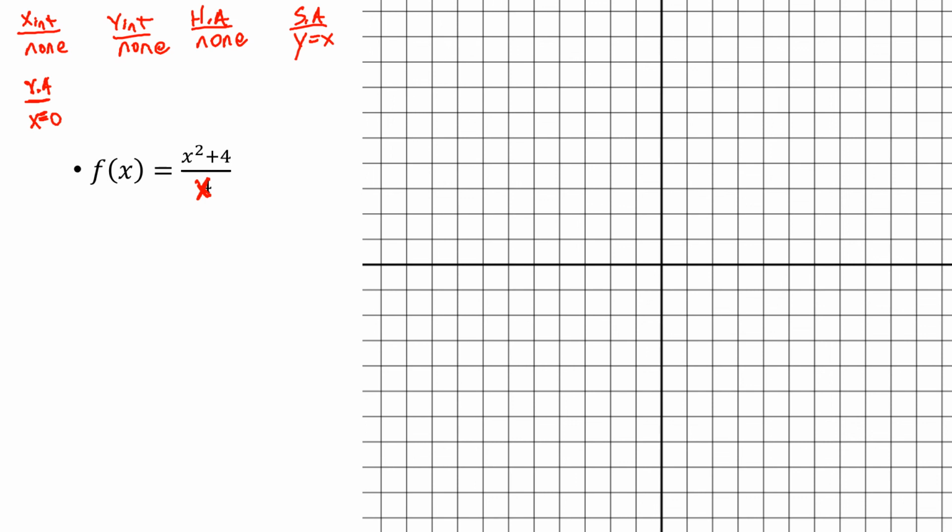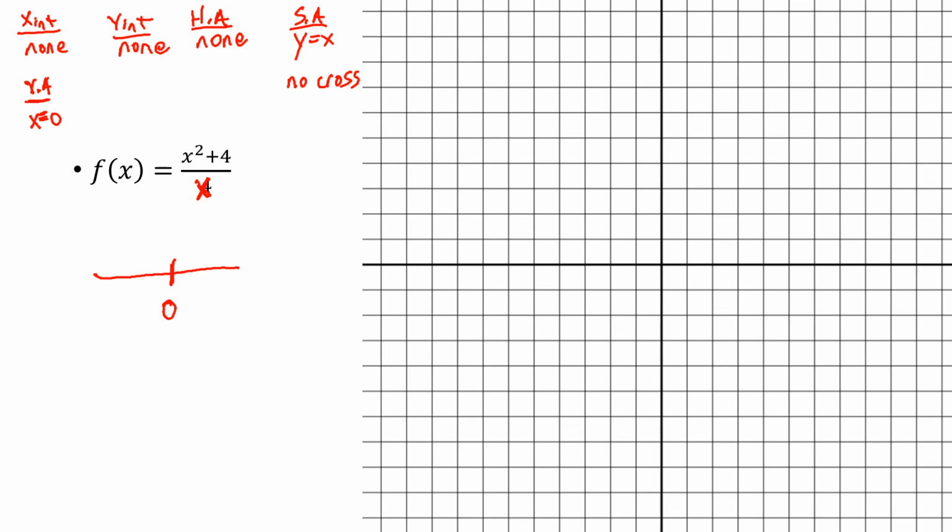So let's do our sign chart. And by the way, we checked if it crossed the slant asymptote, and we said it did not cross. So on our sign chart, the only thing that we're going to put is either an x-intercept or a vertical asymptote. We have no x-intercept, so for our vertical asymptote, the only number we had was 0.